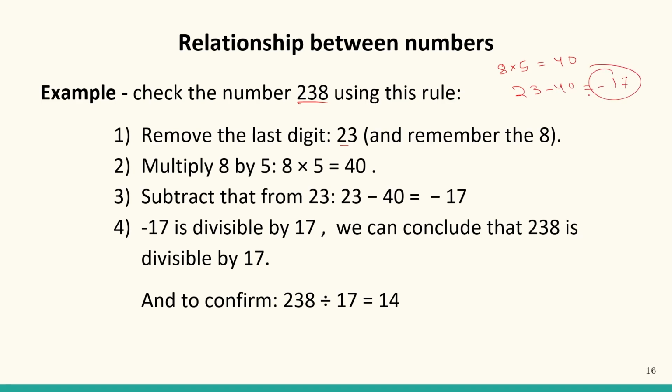So we need to see whether minus 17 is divisible by 17. Yes. 17 into minus 1 is equal to minus 17. So hence this number is divisible by 17, and actually 238 by 17 is equal to 14. This is a whole number and the remainder is 0.